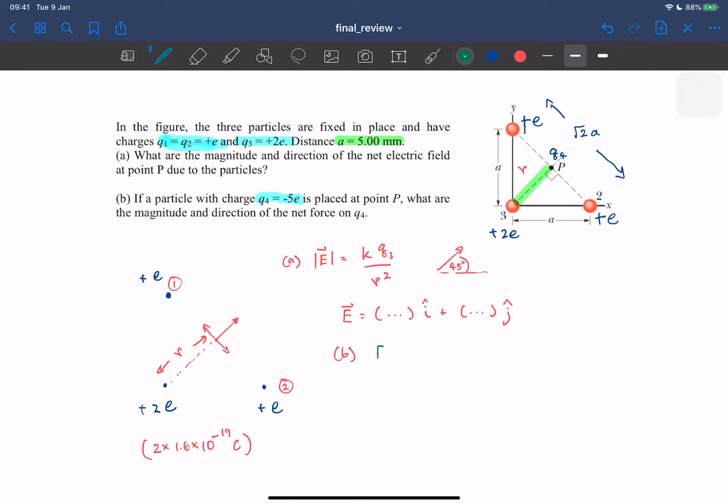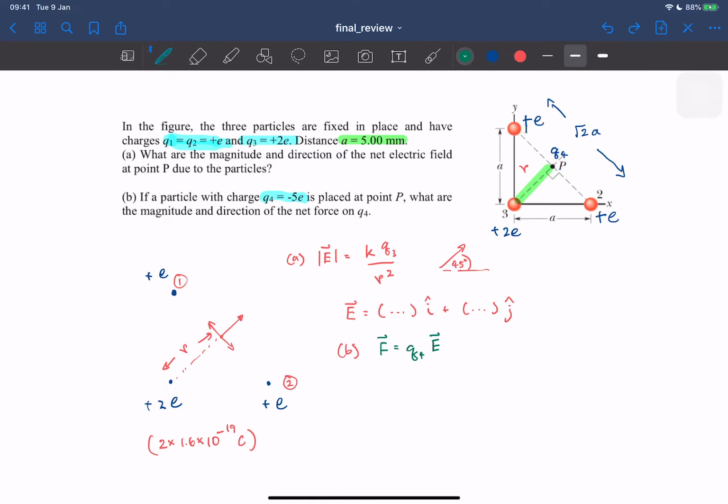This is where you use F equal to Q, in this case Q4, times the electric field at point P, right? So you already have the electric field calculated in question A. Then you just multiply by Q4. And the only thing that you might forget is that it's a minus sign. Okay, so it's a minus sign times the electric field.